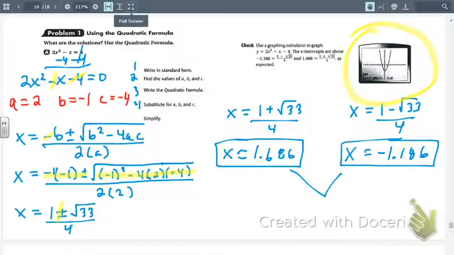It crosses here at approximately negative 1.186 and here at approximately 1.686. So the solutions to a quadratic equation are the x-intercepts.